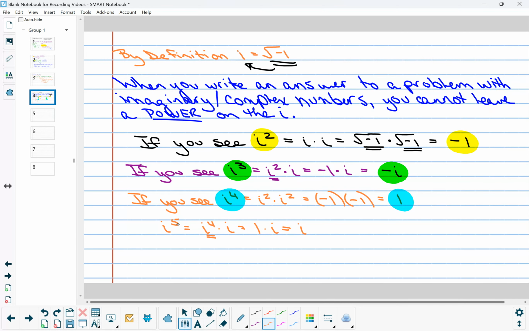So i to the fifth is the same as i, which is i to the first, right? And then if you see i to the sixth, well, that's i to the fourth times i squared. And we know that i to the fourth is 1, and i squared is -1, and 1 times -1 is just -1. So this is the same as i squared.